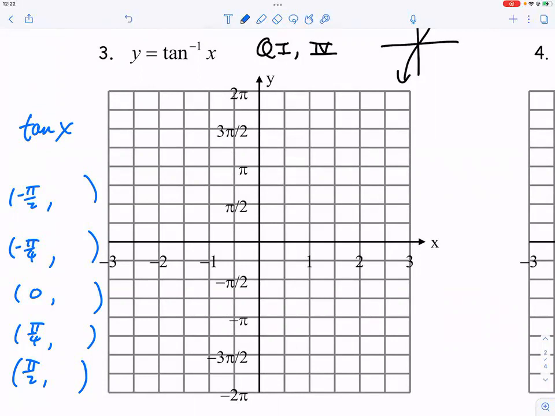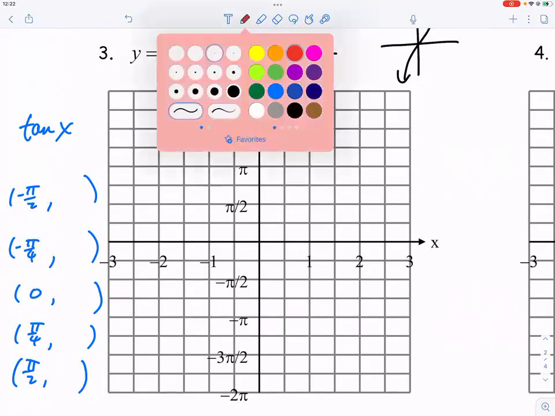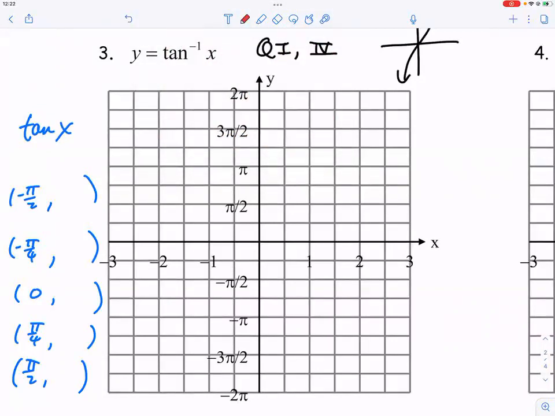All right, what is tangent of negative pi over 2? It's undefined. So is tangent of pi over 2.